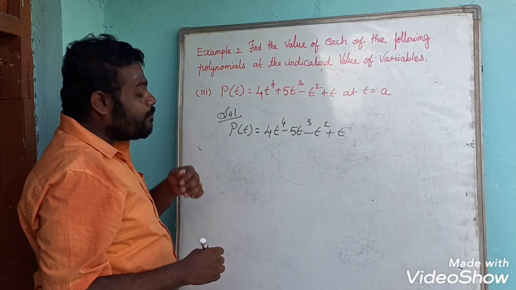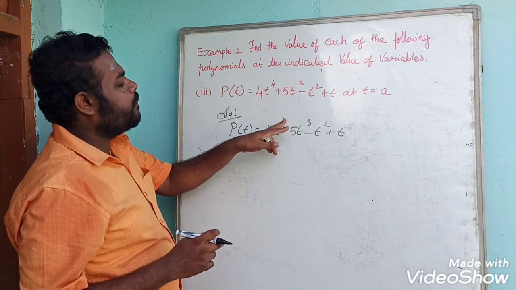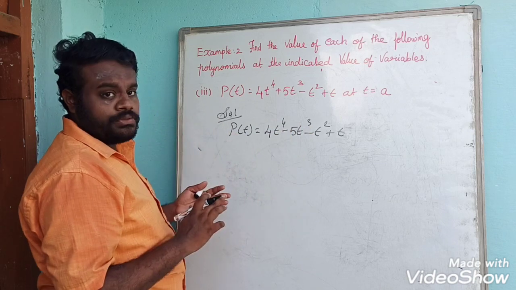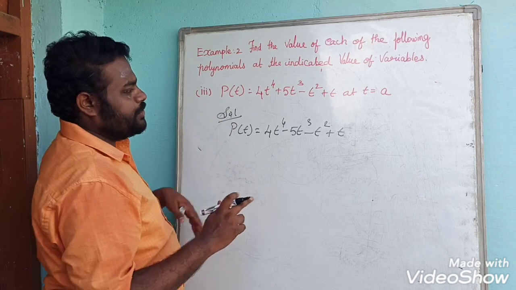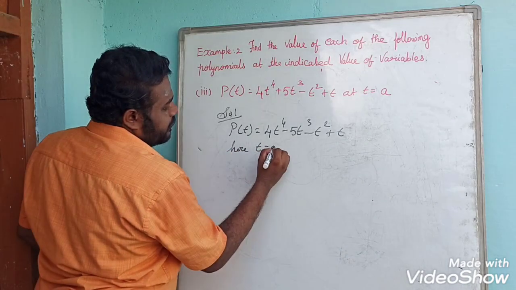Here you don't need to consider whether any degree is missing. For example, power 4 is there, power 3 is not there. You don't need to bother about that. You just have to substitute whatever expression we have. Instead of that variable, you have to substitute the given value. Here t equal to a.